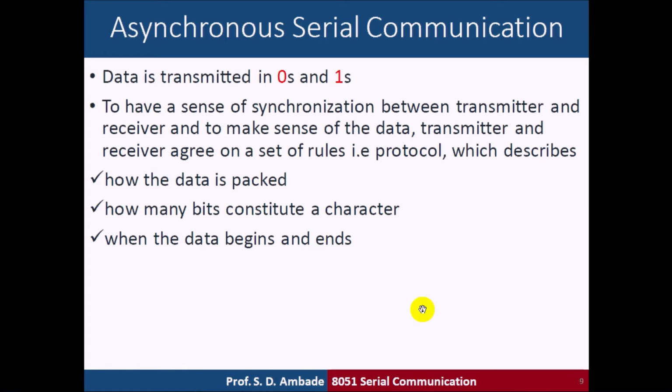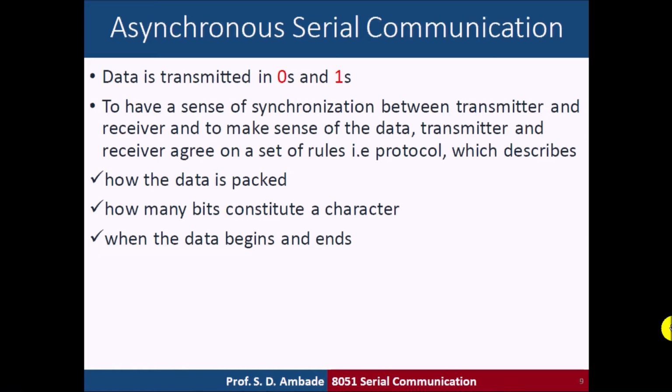Then asynchronous serial communication. In asynchronous serial communication, data is transmitted in the form of zeros and ones. To have a sense of synchronization between transmitter and receiver and to make sense of the data, the transmitter and receiver agree on a set of rules called a protocol, which describes how the data is packed, how many bits constitute a character, and when the data begins and ends.